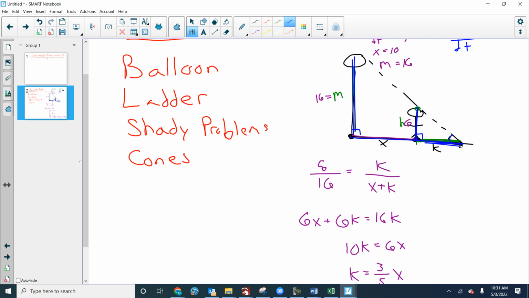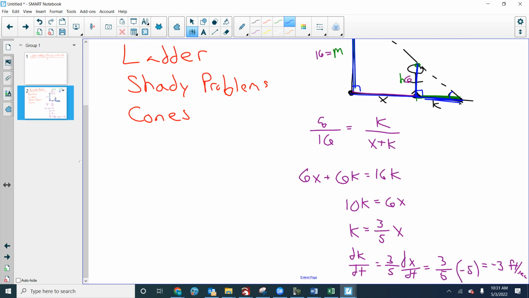If I want to find dy dx, I would solve for y. If I want to find dk dt, I want to solve for k. dk dt equals 3/5 dx dt. Are you guys okay with the derivative with respect to time? Yes, yes, yes. I plugged in dx dt, which is -5, and I got -3. Questions on that? A little shady.